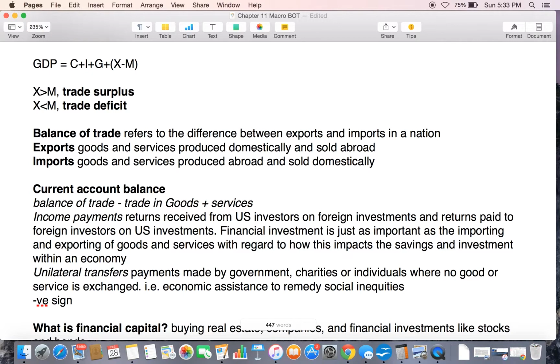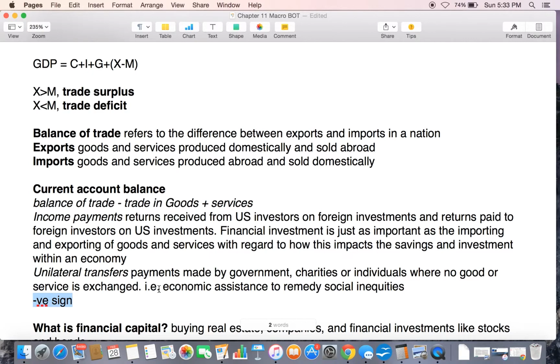Also within the current account balance, we're going to want to take a look at what's called unilateral transfers. So unilateral transfers are payments that are made either by the government, by charities within the economy, or by individuals where no good or service is exchanged. These will generally in the U.S. be flows out of the current account, and they oftentimes represent economic assistance to remedy social inequities.